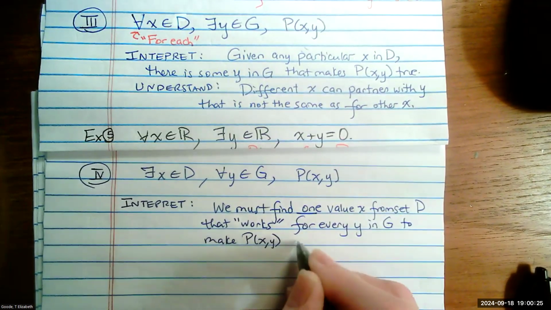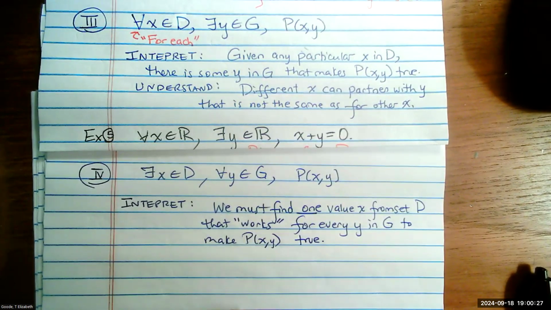Very different interpretation. Okay. Now, there might be several x's that you could choose, but you got to just find one that works. Okay. There might be 18 that work. There might be an infinite number of x's that will work for all y. But the point is, we've got to find one and pick that and show it works for all y. There may only be one, and we have to find that one. Okay.